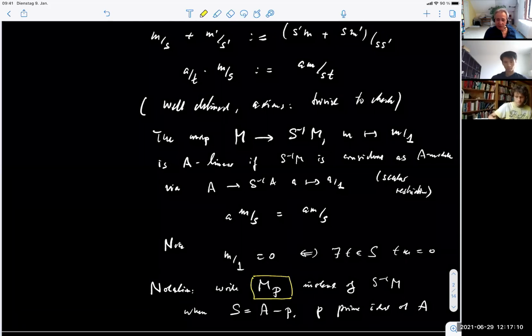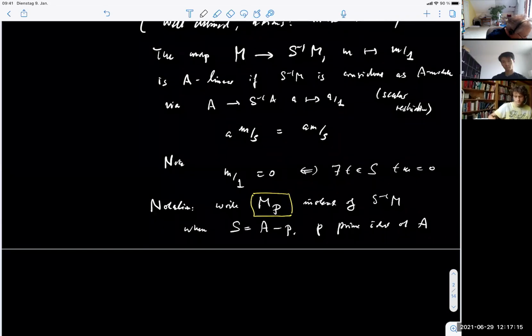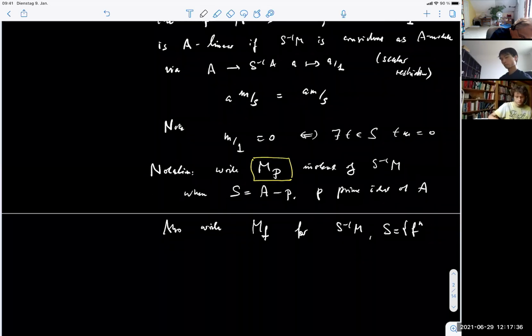We localize with respect to the prime ideal. Also write M index f if I localize with respect to the powers of an element f. We had this notation before, I think, when M equals A. So we should just remember these notations.